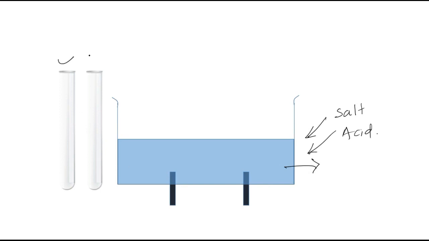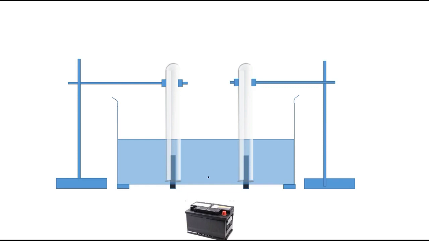Then we have taken two test tubes, and covered these carbon rods as shown in the figure, and arranged the entire setup and connected a battery to these rods. For example, plus is the positive terminal of this battery, and the negative terminal of this battery are connected to these rods so that the electricity flows inside.